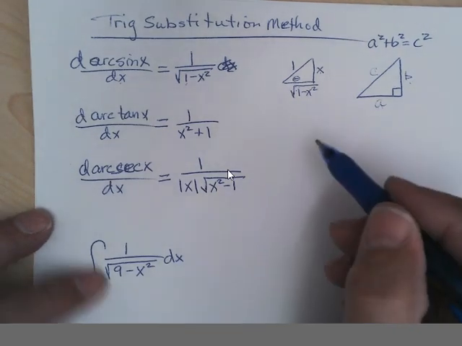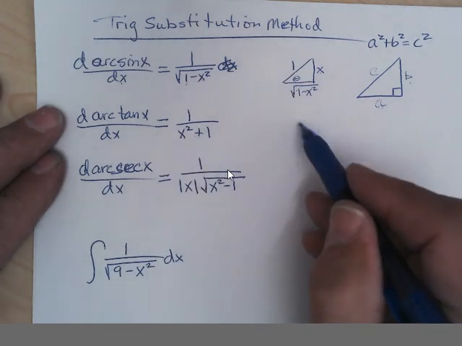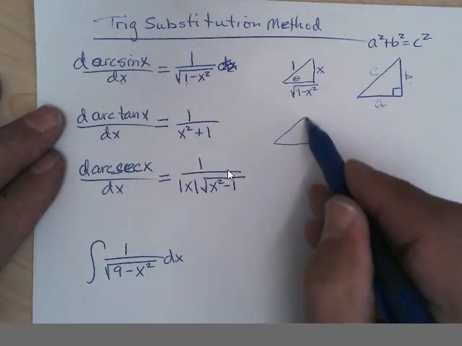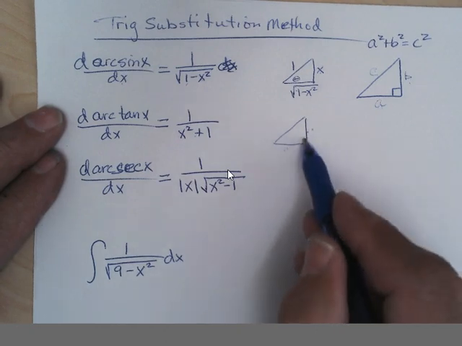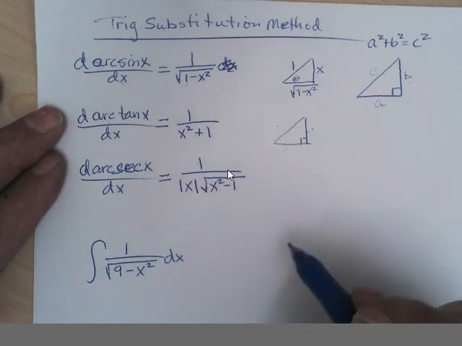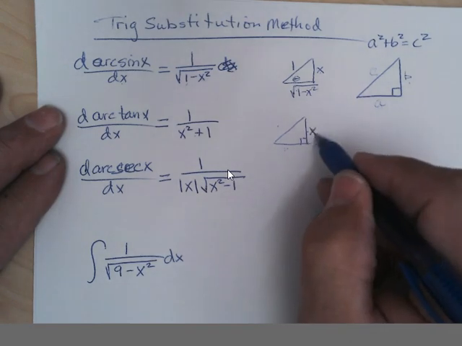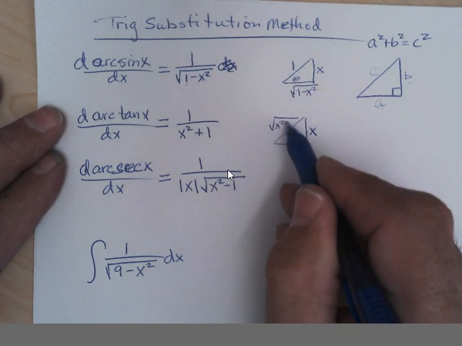This is kind of the triangle we drew when we were figuring out the derivative of arcsine in the first course of calculus. If I wanted to get x squared plus 1, I would put x and 1 on the two legs, and the hypotenuse would be the square root of x squared plus 1.